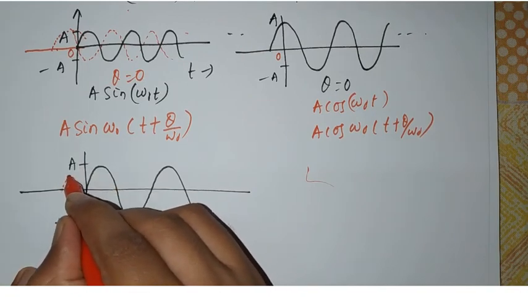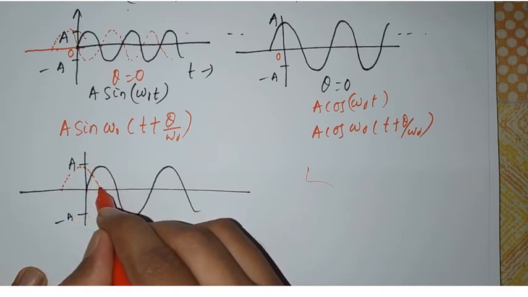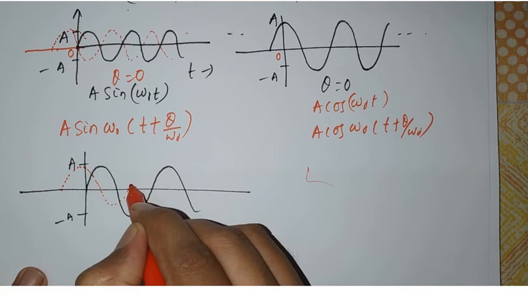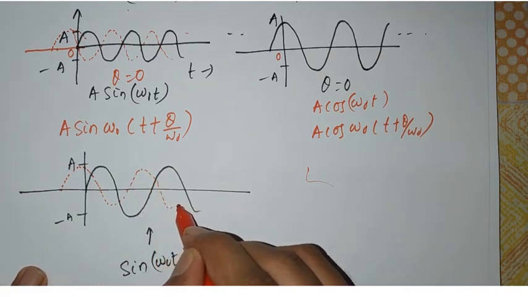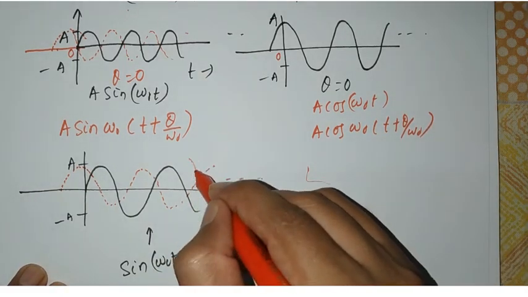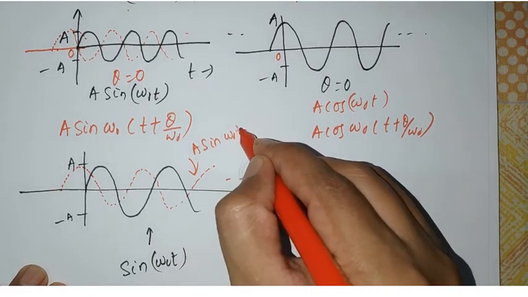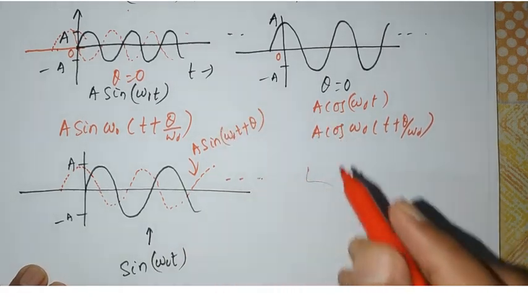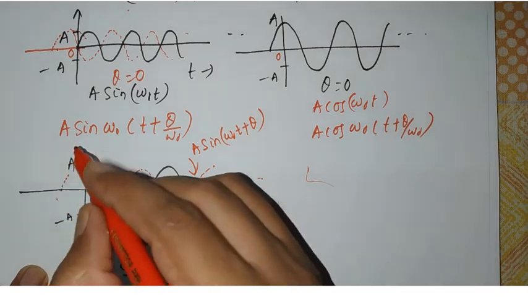I am giving only an approximate plot, like this, okay. This is A sine of omega 0 t plus theta. It will start a little early.